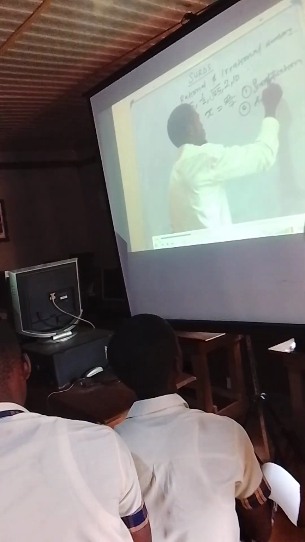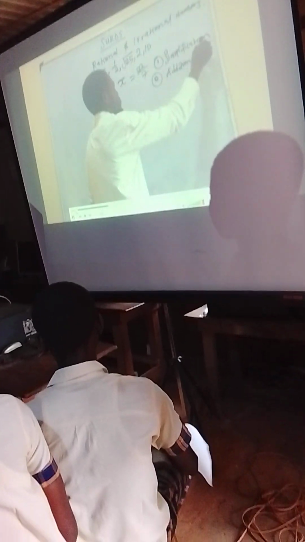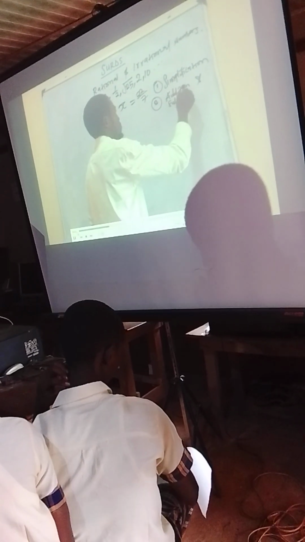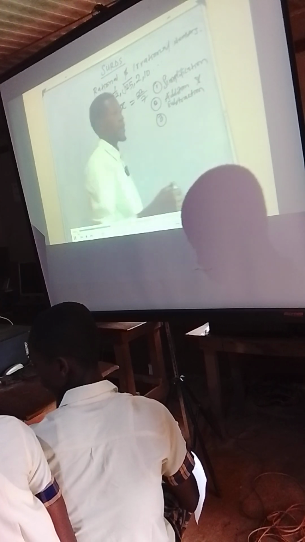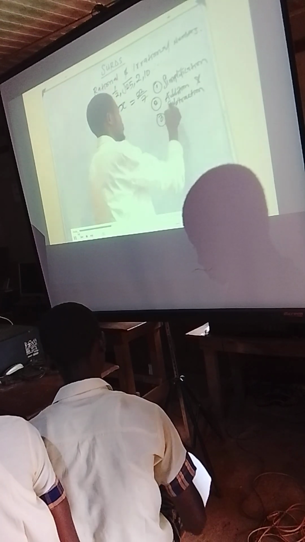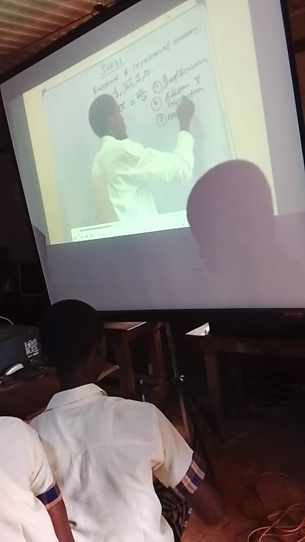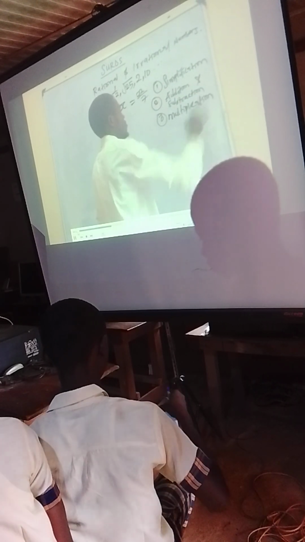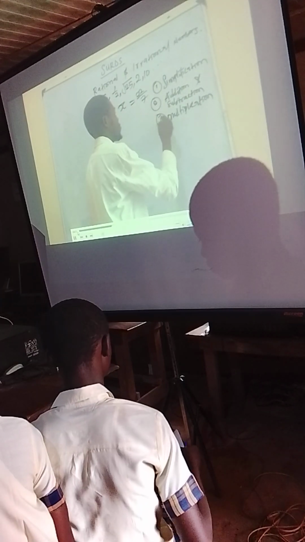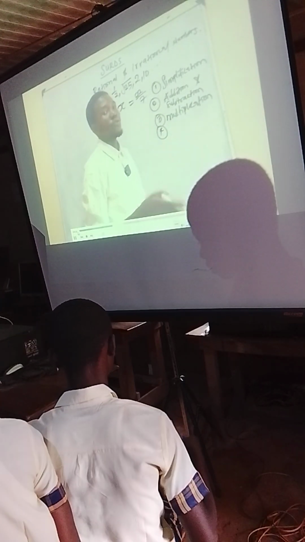So number 2 is addition and subtraction of surds. Then number 3 is multiplication of surds. Then number 4 is division of surds.